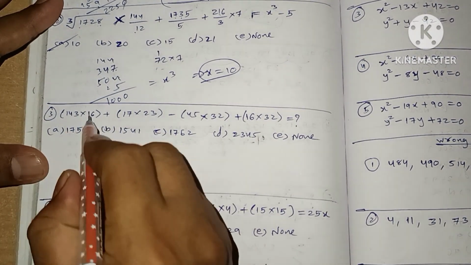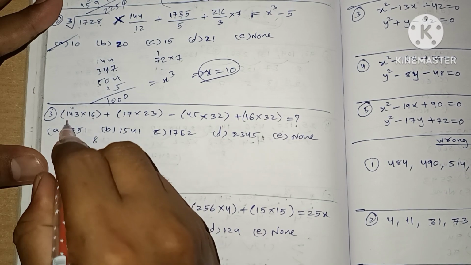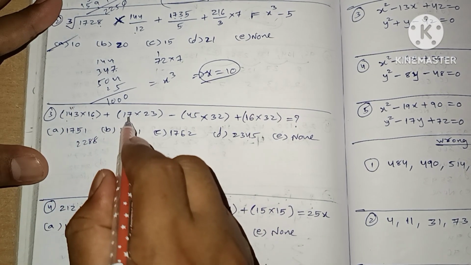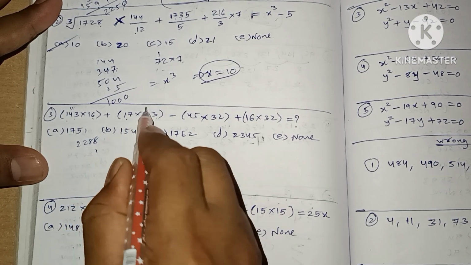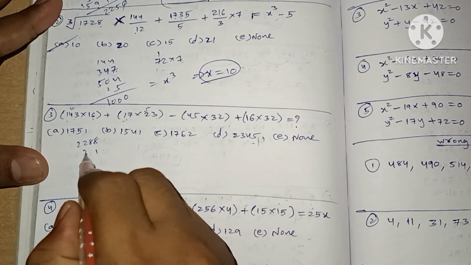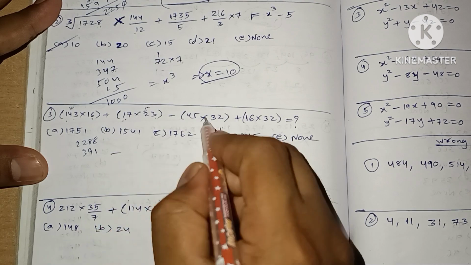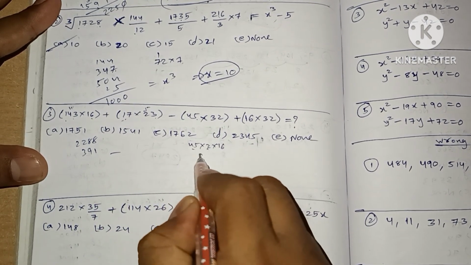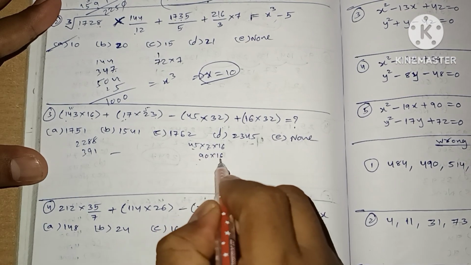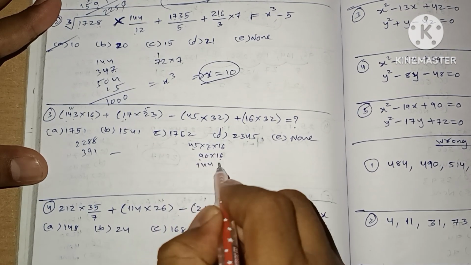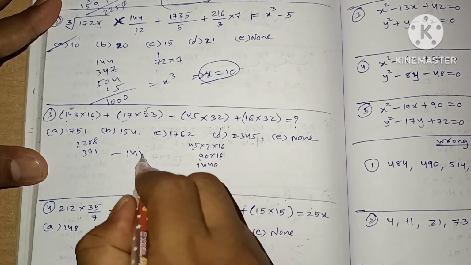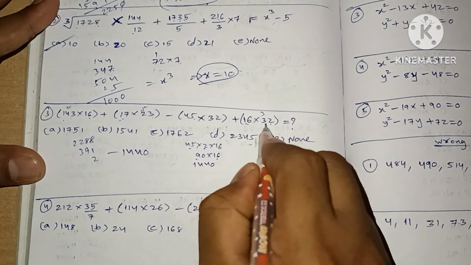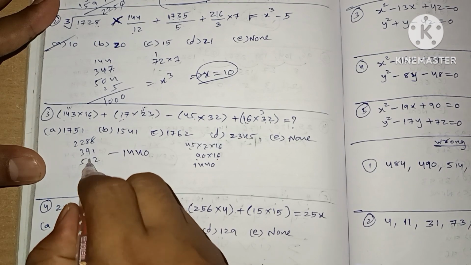Next, third question. 16 3 times is 48, and 16 4 times is 224. 224 plus 4, 228. Here 17 3 times is 51. 17 2 times is 34, 39. Minus, let's write this as 45 into 2 into 16. This will be 90 into 16. 16 9 times is 144 and 0. So minus 1440. This is 16 2 times 32. 16 3 times 48 to 51.